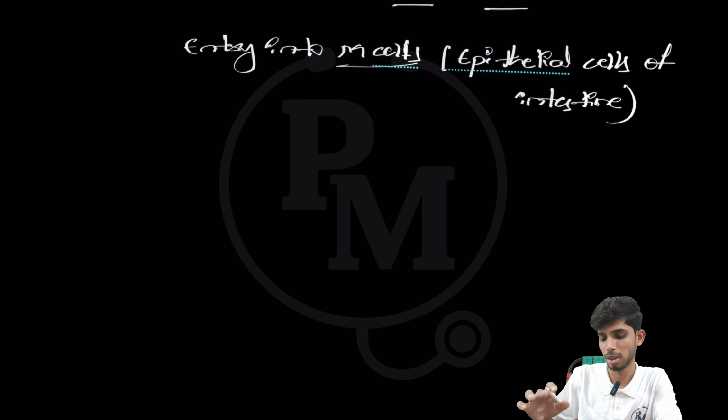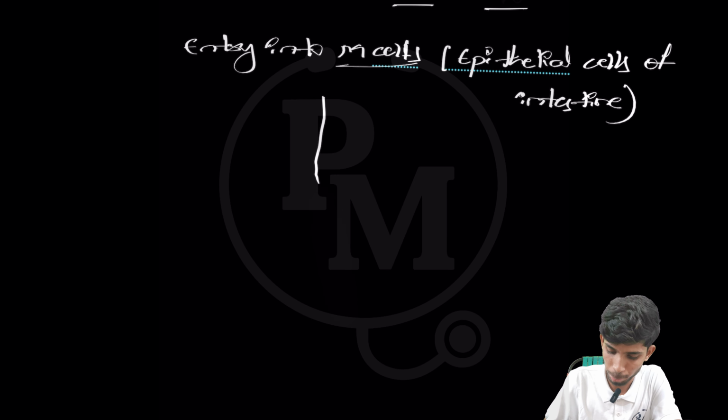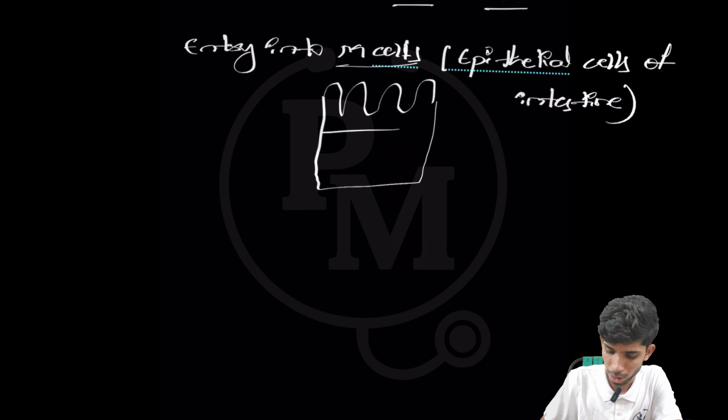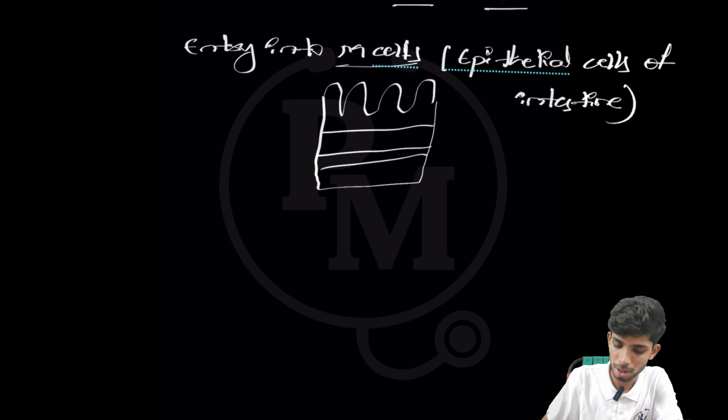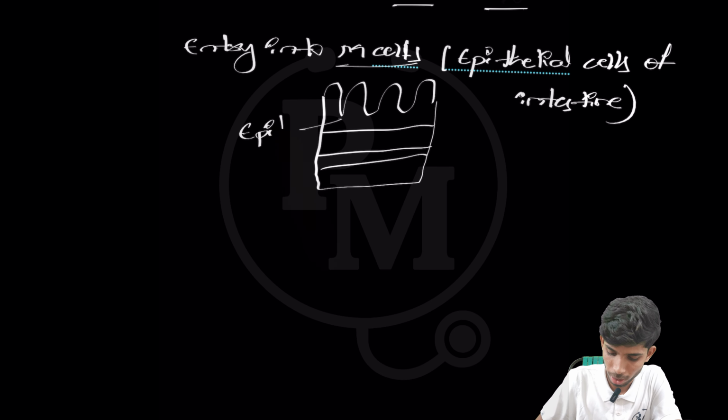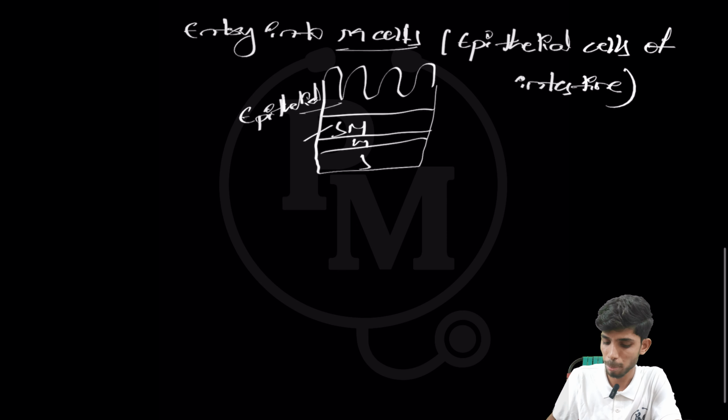Then we move on to the layers of the intestine. There are 4 layers: mucosa, submucosa, muscularis and serosa. Mucosa is also known as the epithelial layer, then submucosa, then muscularis and serosa.